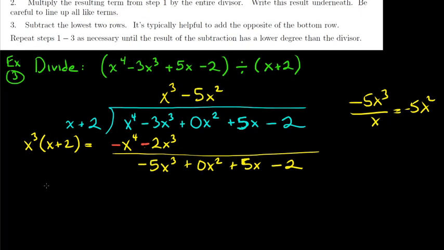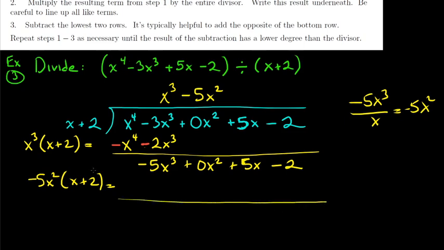We're going to multiply negative 5x squared times x plus 2, and we write the result underneath here, right? All right, so negative 5x squared times x is negative 5x cubed. Negative 5x squared times 2 is negative 10x squared.